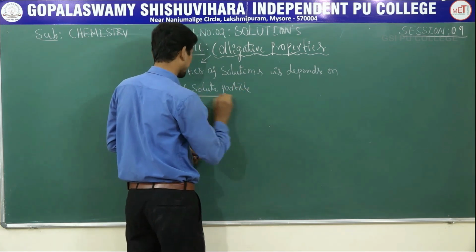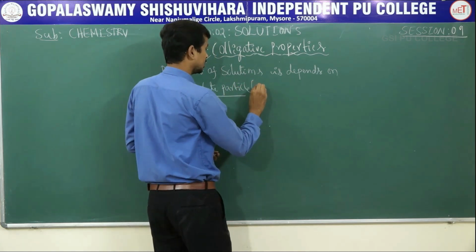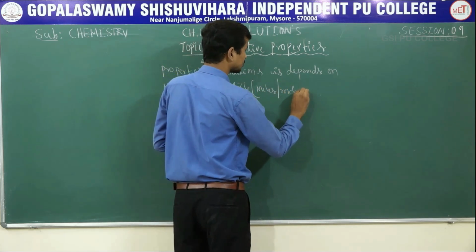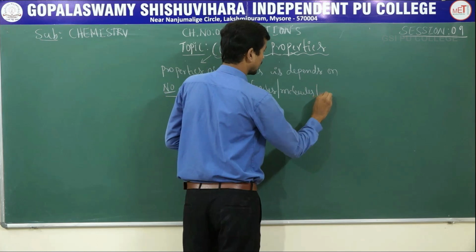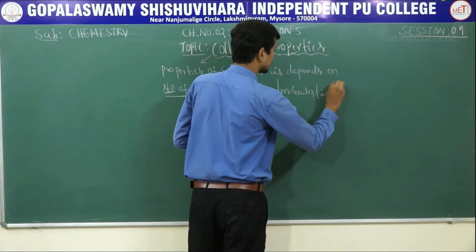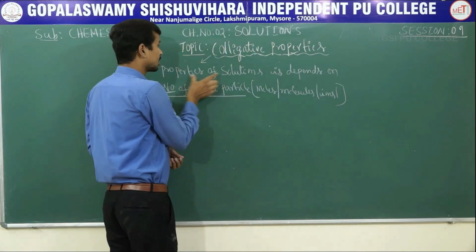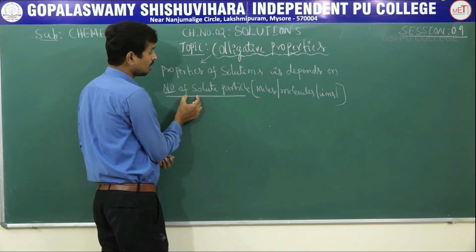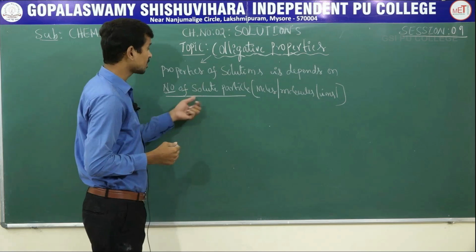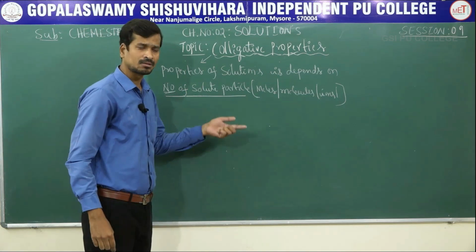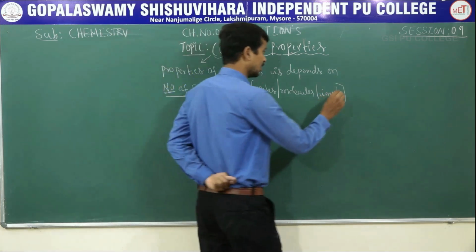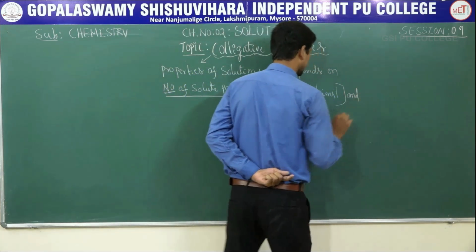Number of solute particles means what? Number of moles or molecules or ions. The properties of solution depend on the number of solute particles, meaning either moles or molecules or ions.